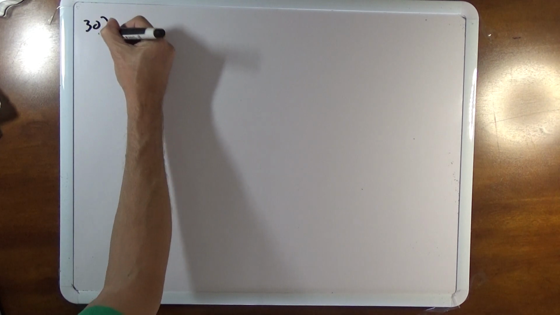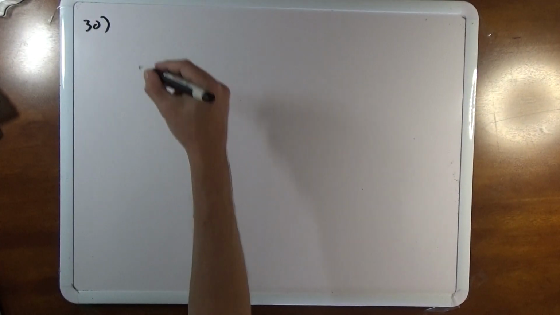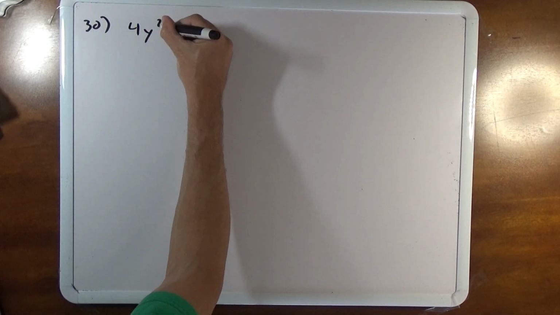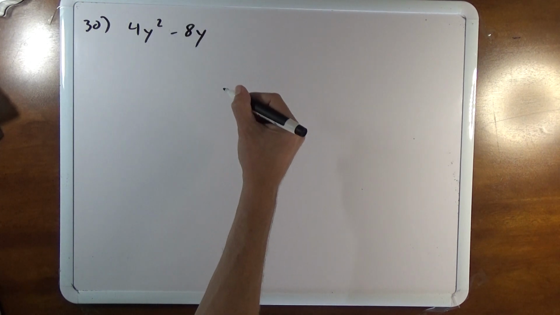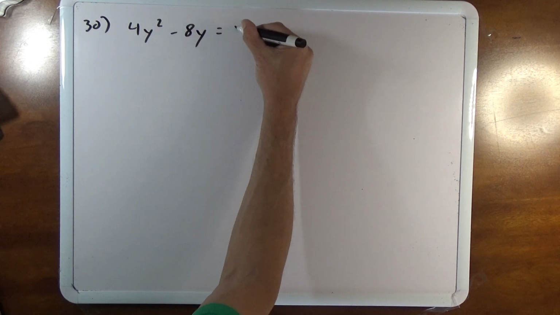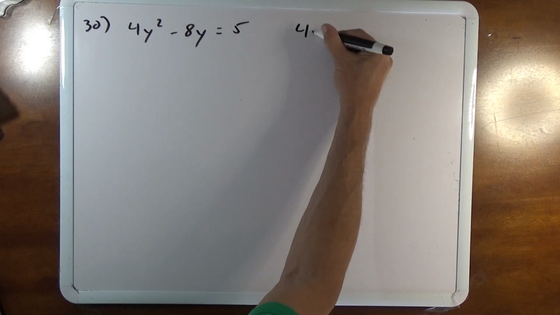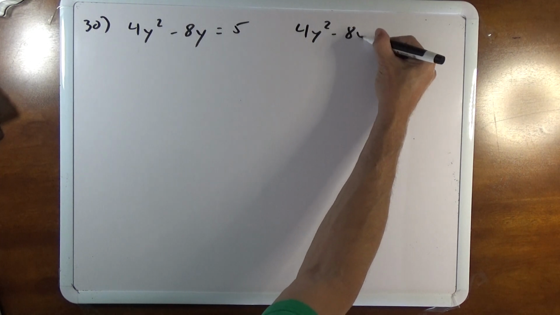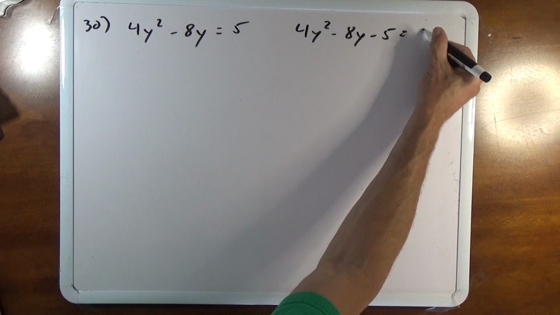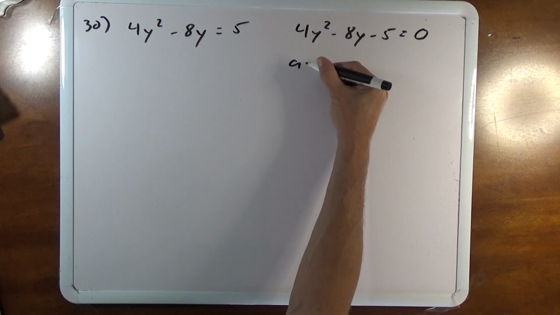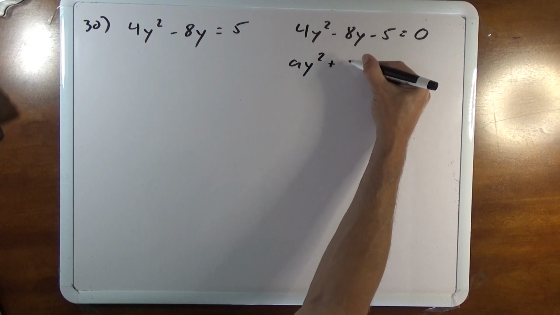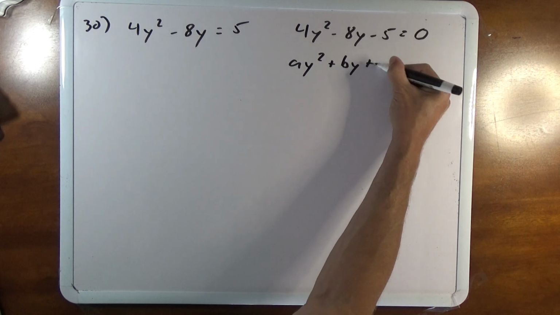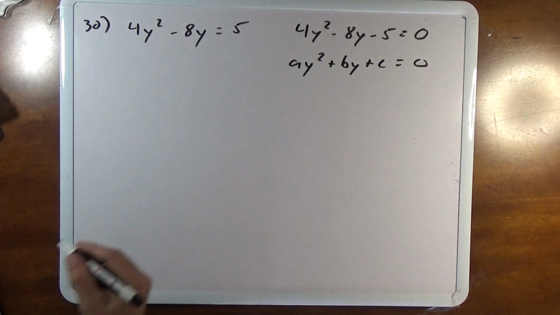30 says use the quadratic formula to solve. 4y squared minus 8y equals 5, so I'll rewrite that as 4y squared minus 8y minus 5 equals 0. These are in y's, so I'll write it that way. Ay squared plus by plus c is equal to 0.